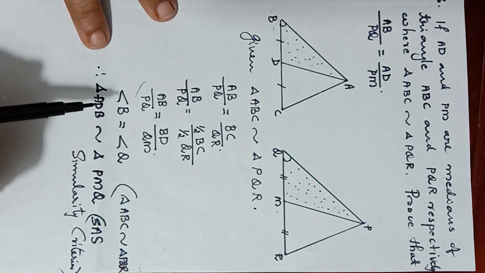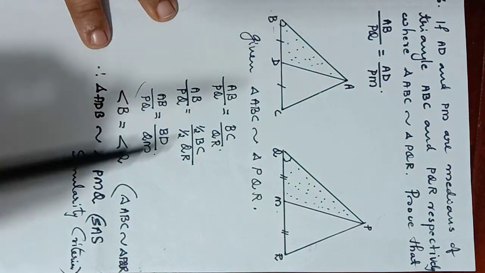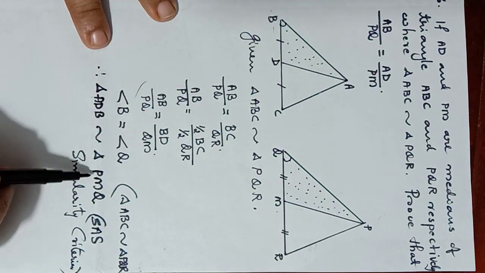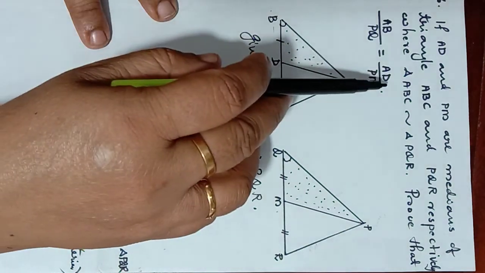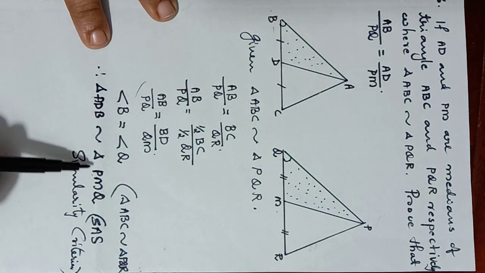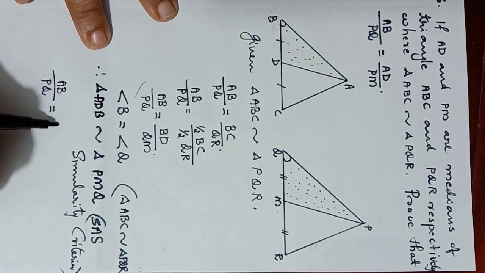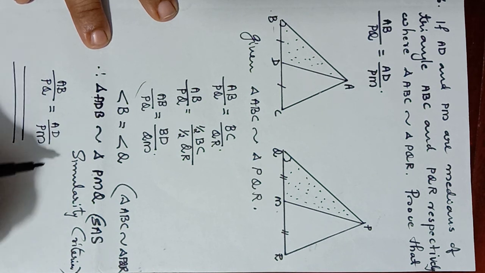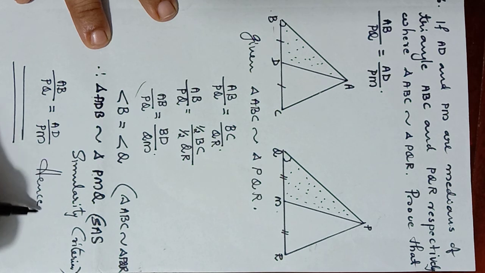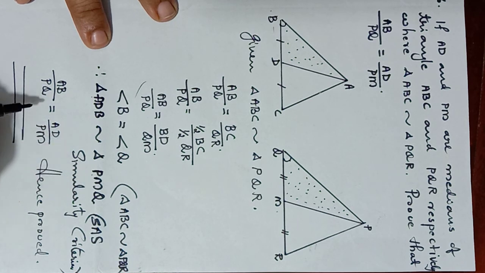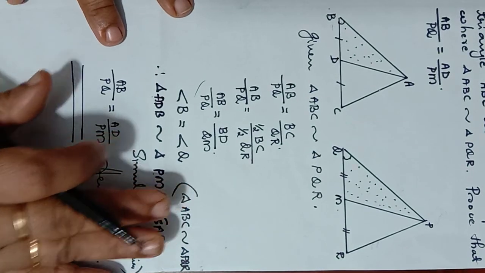We need the proportionality as AB by PQ equal to AD by PM. So we will write it as AB by PQ is equal to AD by PM. So hence proved. This is how we have to write. If two triangles are similar, corresponding sides are proportional. That point also you can write, that will be better.